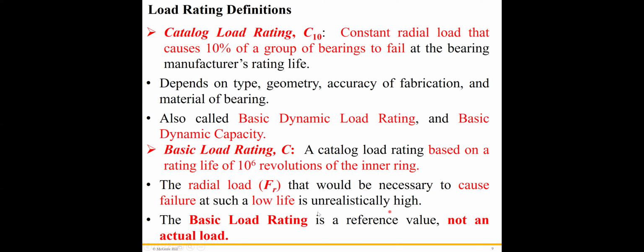That means the rotation is really slow and the radial load is extremely high, and in this situation that may cause the failure of the bearing. One important concept to keep in mind is that the basic load rating is a reference value, not the actual load.